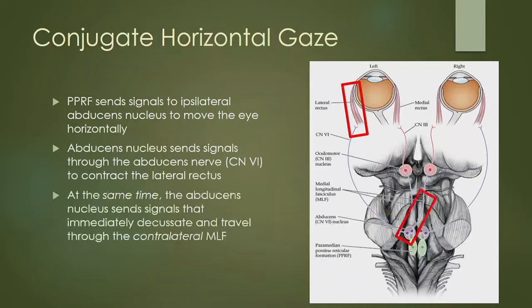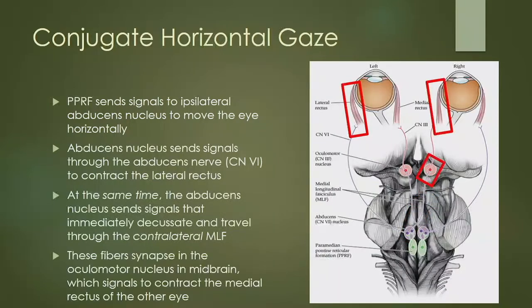However, at the same time, the abducens nucleus also sends a signal through the MLF, the medial longitudinal fasciculus. It has medial in the name, it's medial, it runs through the brainstem, it goes up. It's going up to the 3rd cranial nucleus, which is also medial in the brainstem and is in the midbrain.